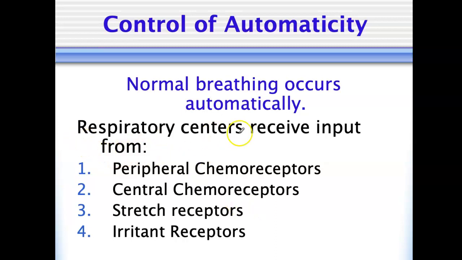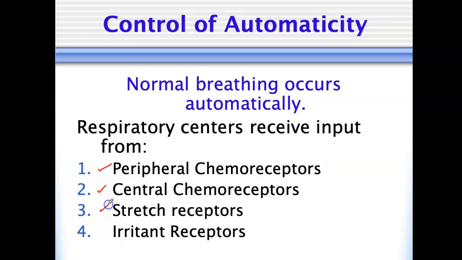So these respiratory centers that are in the brain stem and the medulla oblongata are going to receive input. They're going to receive input from peripheral chemoreceptors, determining what's happening throughout your body. Central, which is brain and brain mostly, not stem as much. Stretch receptors and irritant receptors.